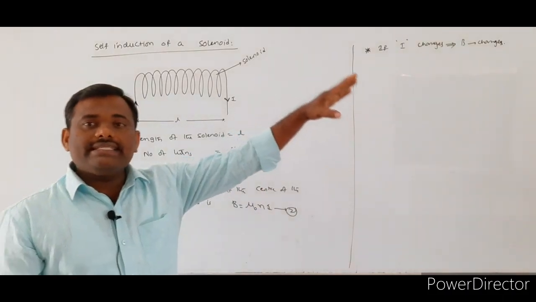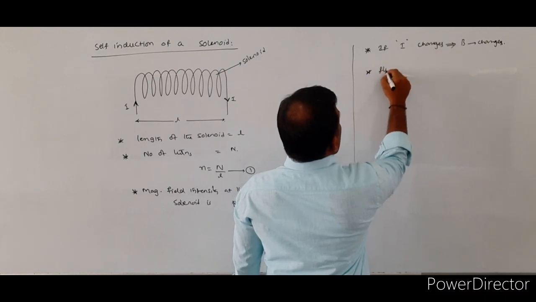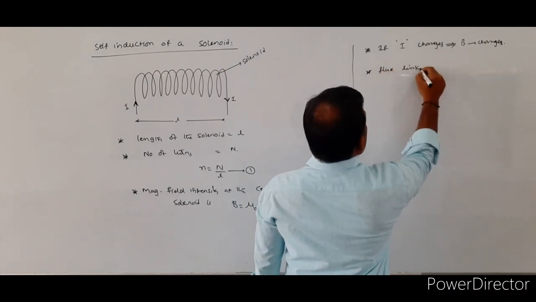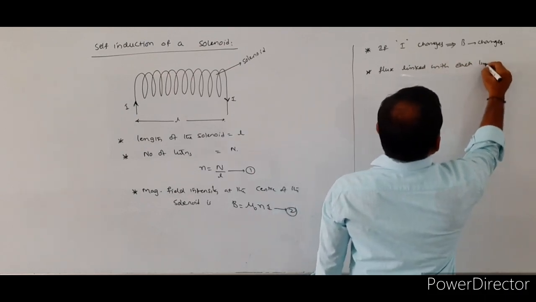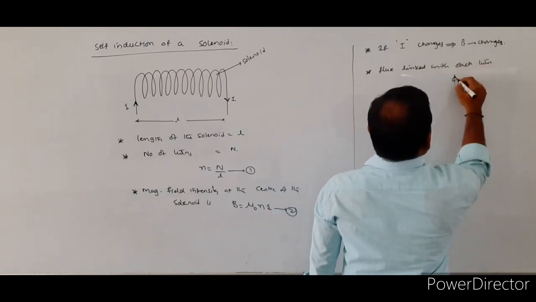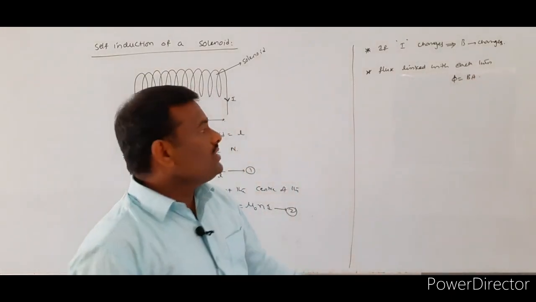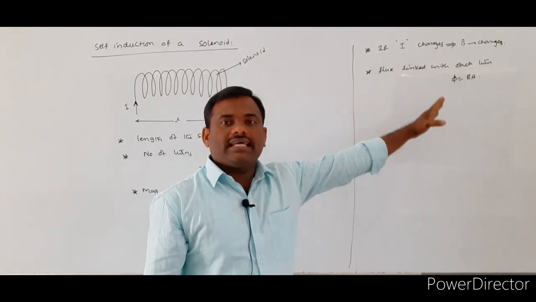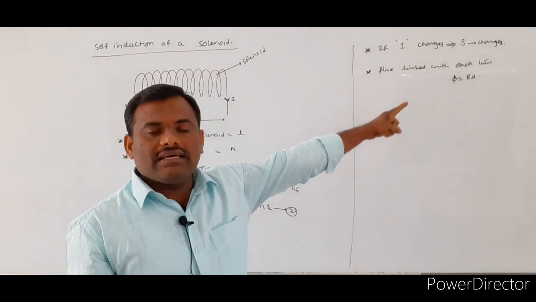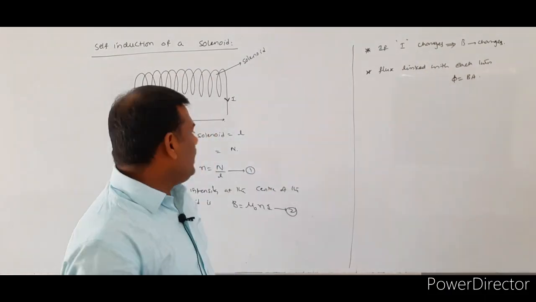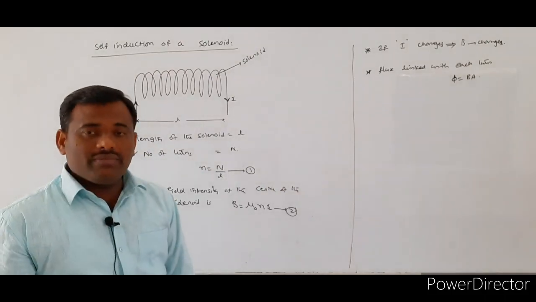Whenever the magnetic field intensity changes, the flux linked with each turn will be given by phi is equal to B into A. So for a single turn, the flux value is B into A. Here you assume the solenoid consists of capital N number of turns.